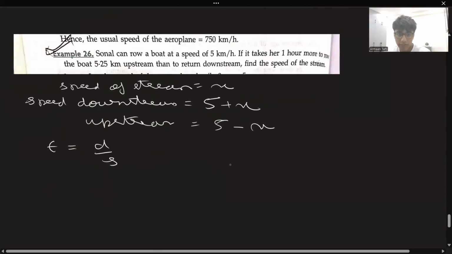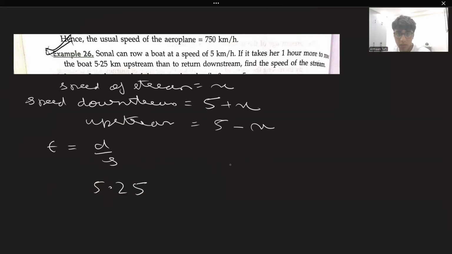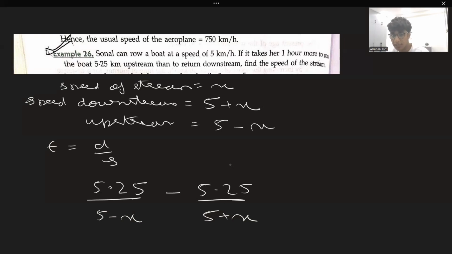So the original time which we took was distance, which is 5.25, by her speed. First she's going upstream, and it took her that much more time. So upstream, she had a speed of 5 minus x. Then we subtract from this 5.25 by 5 plus x, because now she's moving downstream, so speed is increased, so she'll take less time, and this is equal to 1 hour because she took 1 hour less.